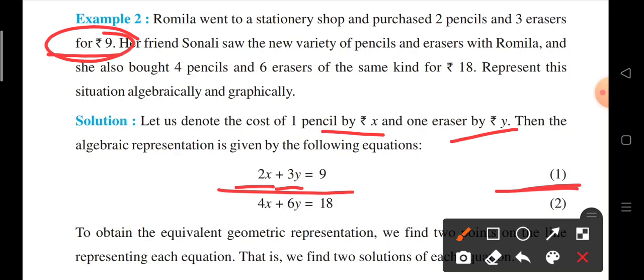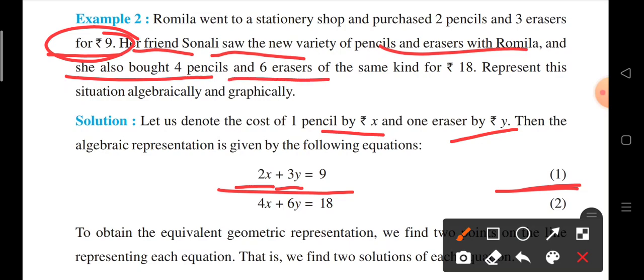Second, her friend Sonali saw the new variety of pencils and erasers with Romila, and she also bought 4 pencils and 6 erasers of the same kind for 18 rupees.